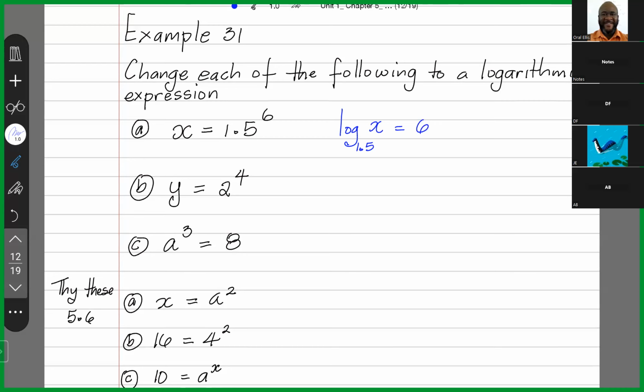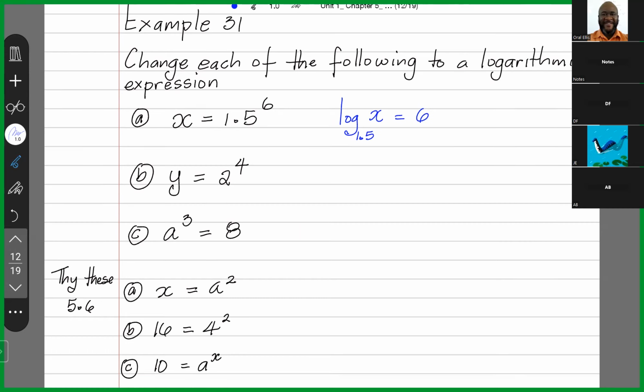In the index form, the number is equal to the base raised to the power. In the log form, the logarithm of the number to the base is equal to the power. Please attempt the rest of example 31.